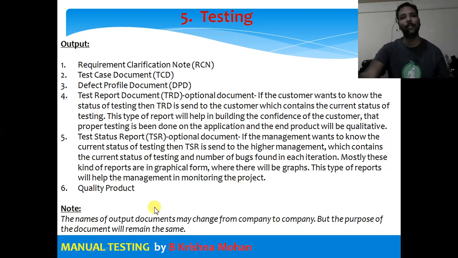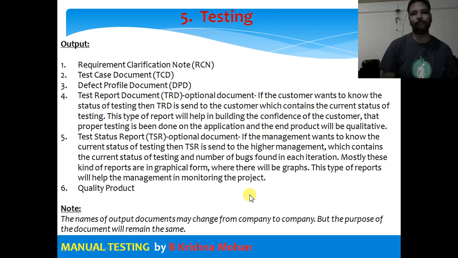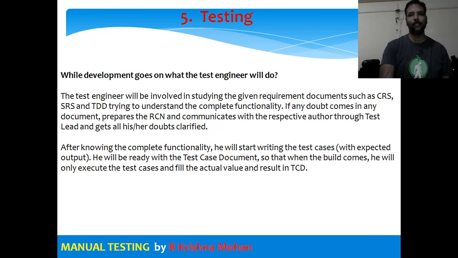Then we'll get a qualitative product at the end, since your testing is done properly. The names of the output documents may change from company to company, but the purpose of the documents will remain the same. Hope you understood the testing phase.